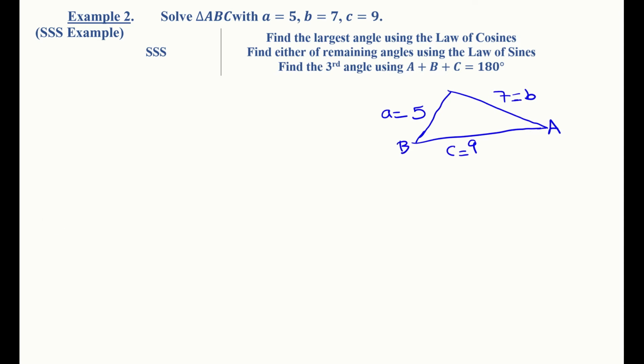This will be B and this will be C. All right, so if we want to solve for the angle C, we're going to have the side C squared on this side. So we get A squared plus B squared minus 2AB cosine of C.